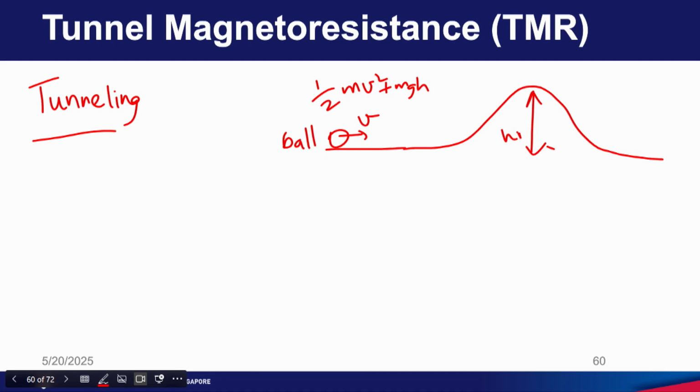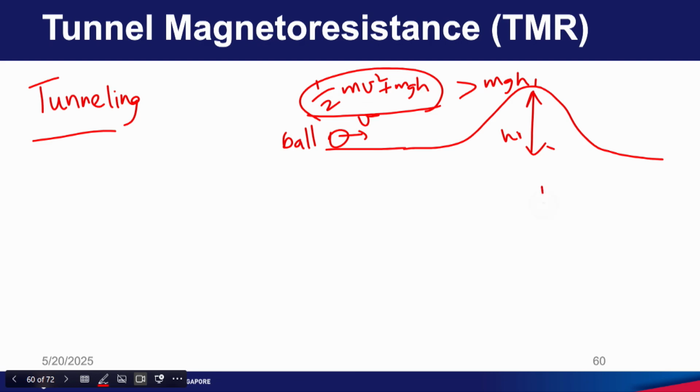Okay. So, if the half mv square plus mgh of the ball is more than the potential energy mgh1 of this barrier, so we know that the ball will cross, right.